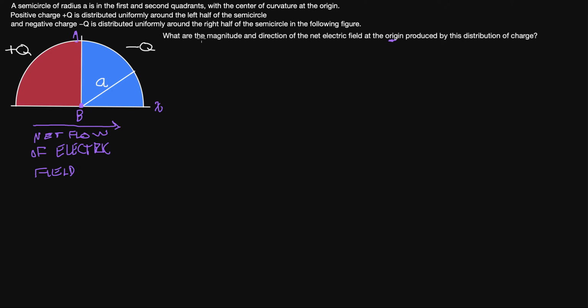Thinking about that, let's go with what we established in the video where I talked about integrating electric fields in general, and that was that the electric field is equal to k times the integral of dq over r squared, with the unit vector r hat.